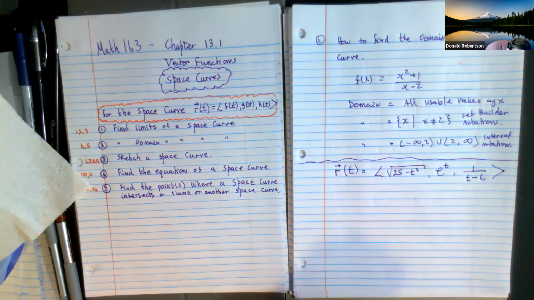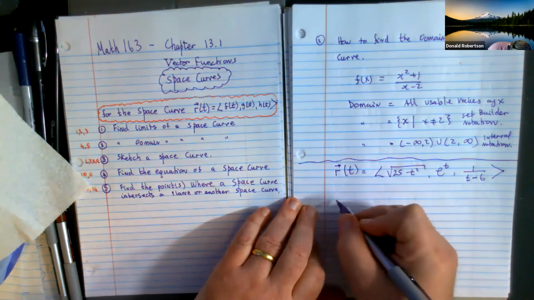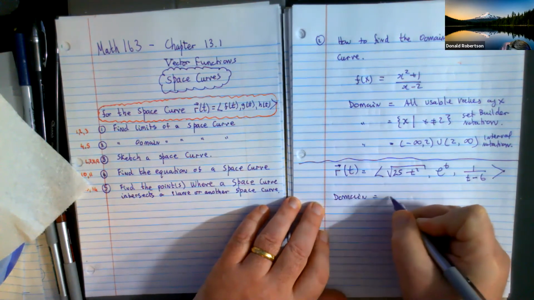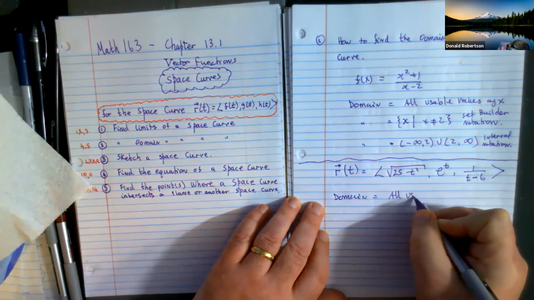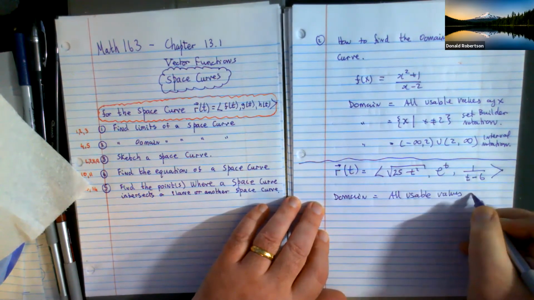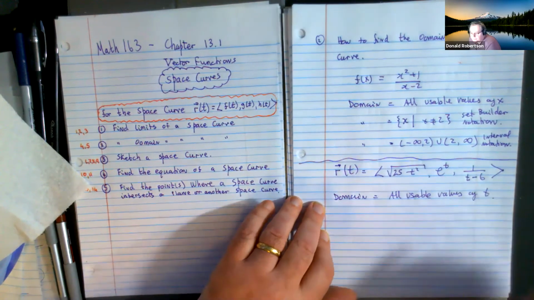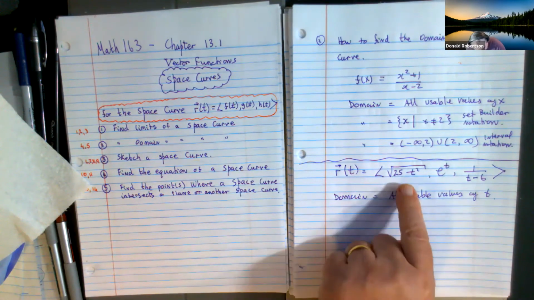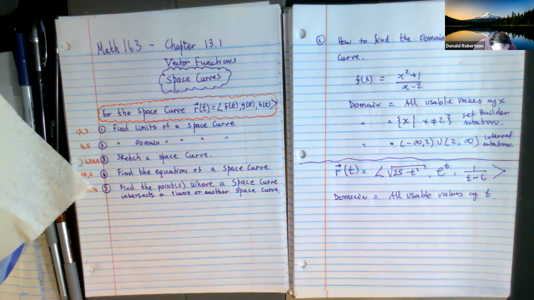Now, when you talk about a space curve, the domain becomes all usable values t, right? So that's pretty similar. But here's where there is a bit of a difference.